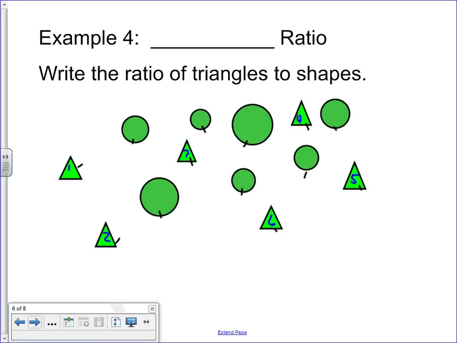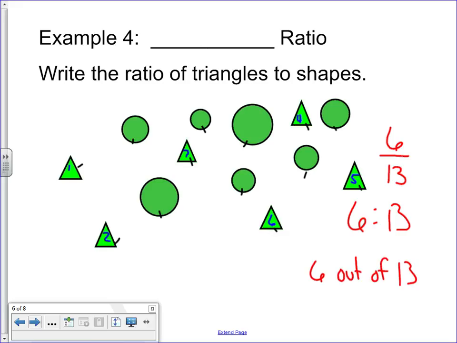Because triangles can be shapes, and circles can be shapes. So the ratio of triangles to shapes, we said if there's 6 triangles to 13 shapes, then it would be 6 over 13, or 6 colon 13. And then since we're comparing triangles to all the shapes, we would say that 6 out of 13 are triangles.